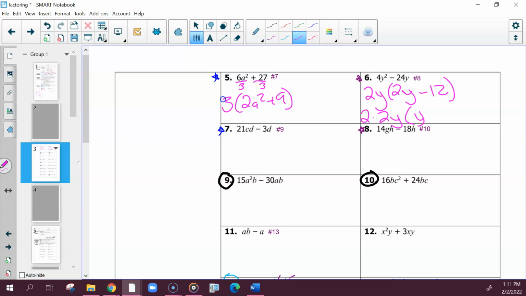I would divide each of these by 2, leaving me with just y minus 6. And then I would combine these 2 to get 4. So you would get the same thing either way. It's just if you don't take out the greatest first, you're going to end up with more steps. Do we have any questions on that one?